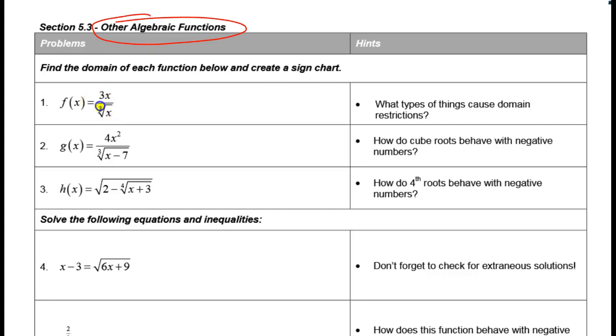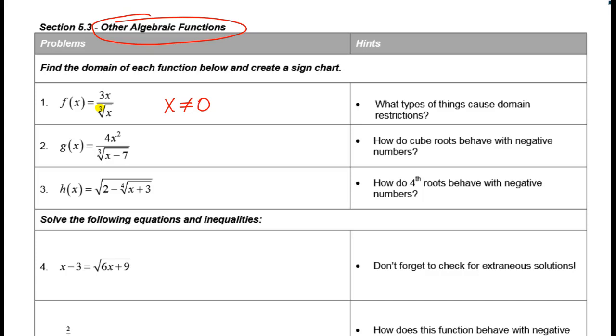Well, we have a cube root here that's not even, so it's okay to put negative numbers in for x. For example, the cube root of -1 is just -1. The cube root of -8 is -2. If you don't believe me, test it out on your calculator. So this function here only has a domain restriction when x equals 0. So our domain here is just x cannot equal 0, because then we would have a division by 0 error.